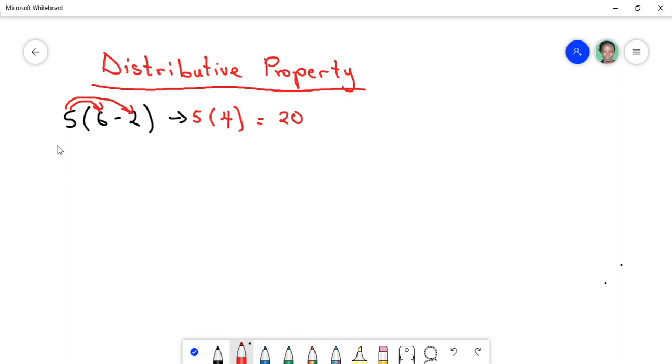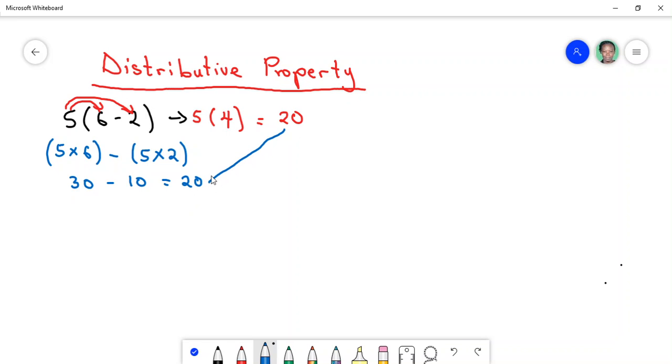So I have 5 times 6 here minus 5 times 2. 5 times 6 is 30, and 5 times 2 is 10, which gives us 20. So you realize that the result here is the same as this.